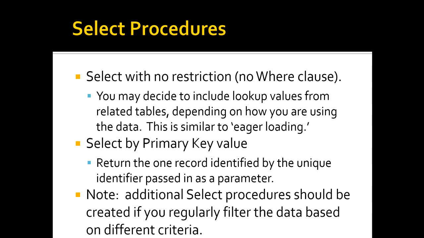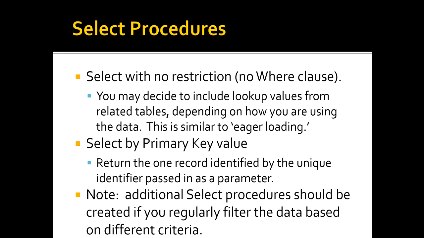Okay, just a quick review then, a few more details about select procedures. If there's no where clause, then it's quite simple. But the other aspect is we may not want to work directly with the key table involved or the main entity we're focusing on. Sometimes we'll create a view in the database.